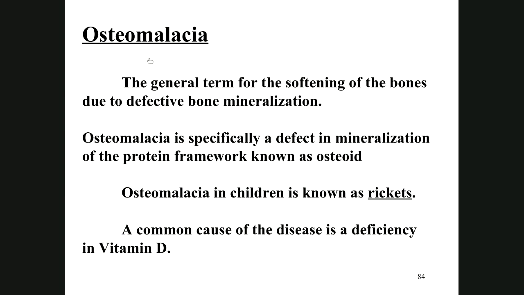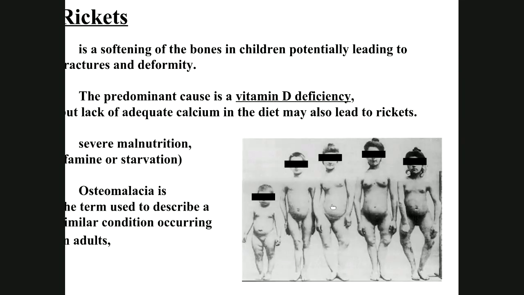Osteomalacia means bad formation, if you will. And a good example of osteomalacia in children is known as rickets, due to lack of vitamin D, if you can say. And this is what they look like.